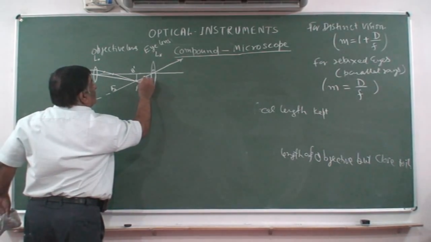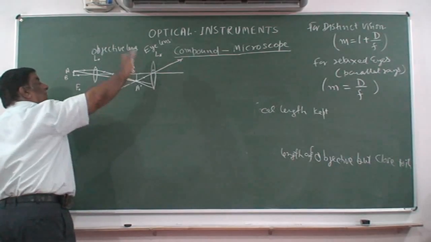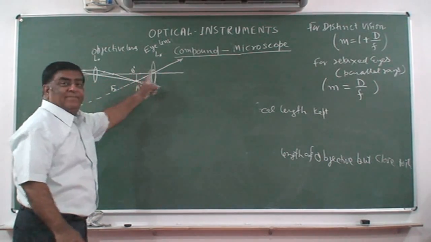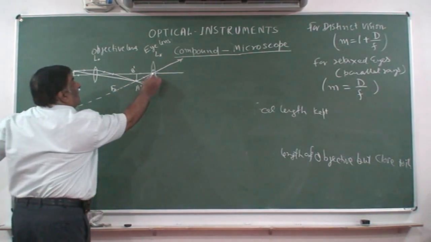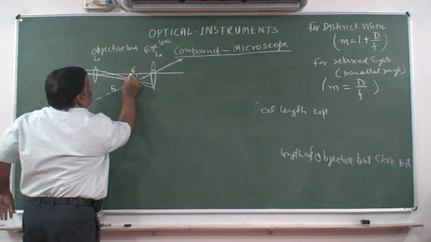So this is going in this direction like this, and appears to come from this direction. Now we adjust this distance in such a way that the focus of this objective is somewhere here.